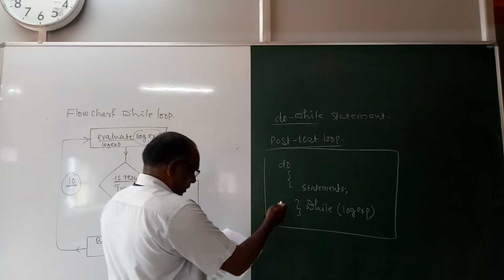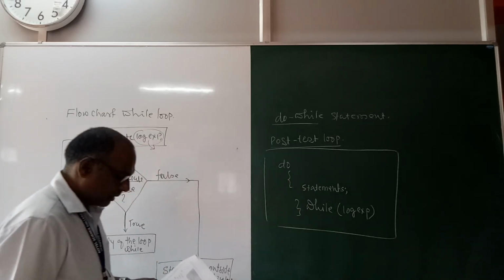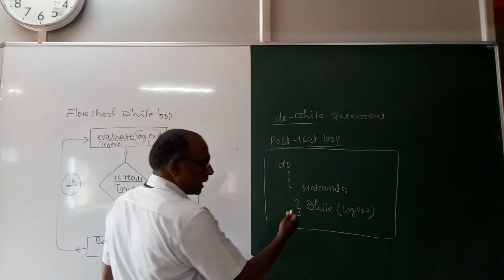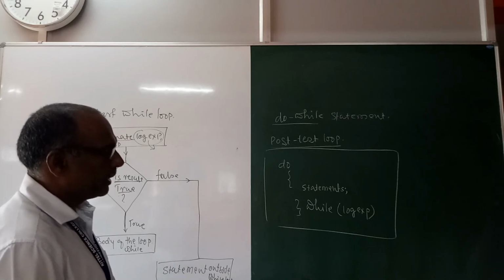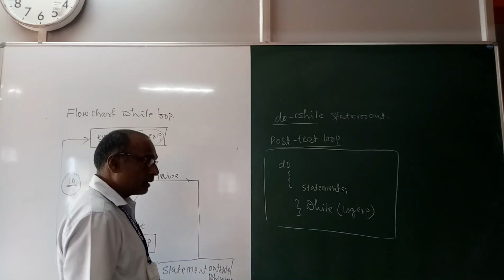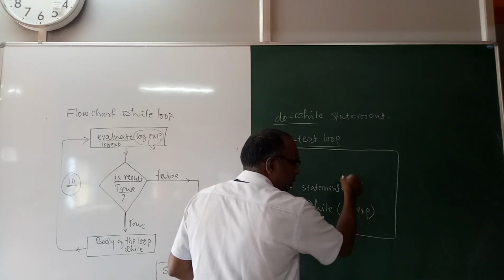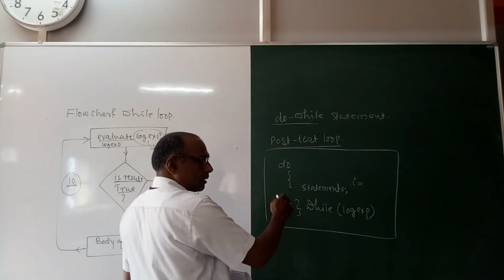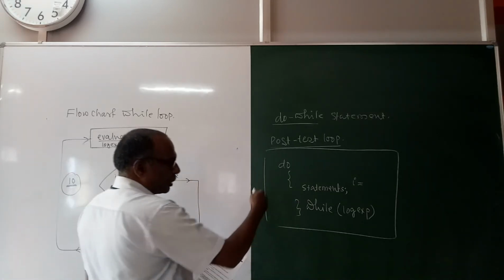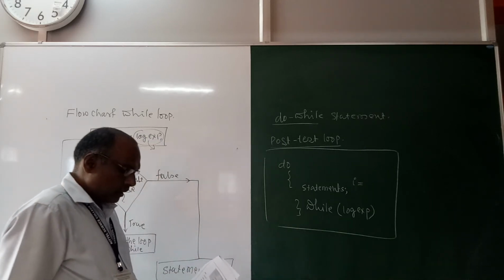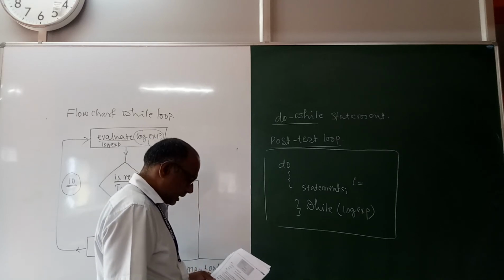The body of the do while should contain, implicitly or explicitly, statements that modify the condition, as in the earlier example where we put the initial counter, the initialization. It should be explicitly or implicitly modified within the body of the do while loop.